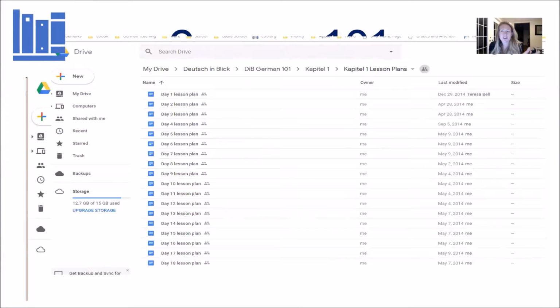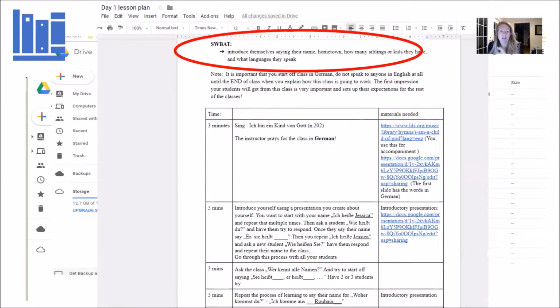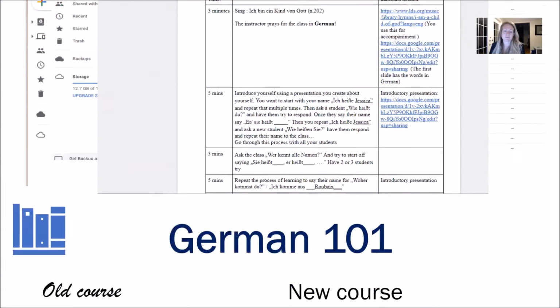And these courses are usually taught by student instructors, so it was really important that we had very detailed instructions for our student instructors so that they know what to teach and how to teach and how to reach certain goals. So for instance, here is one of the lesson plans, and at the very top they can see right away what our goal for that day is, what we want students to be able to do when they leave the classroom. And everything else is just how to get us there.